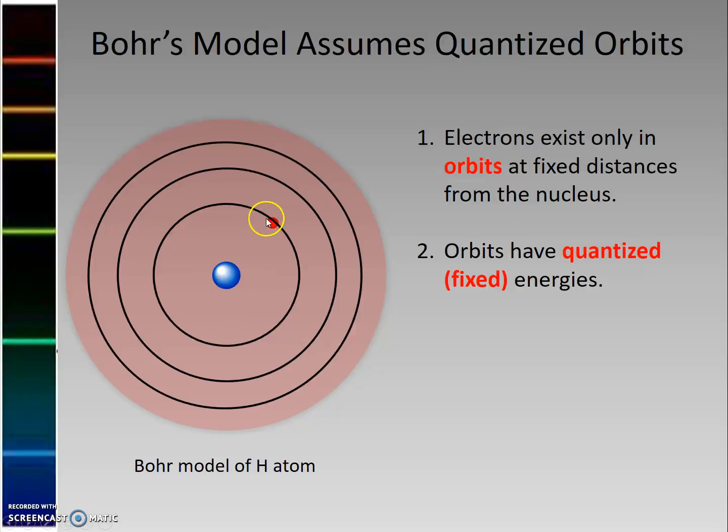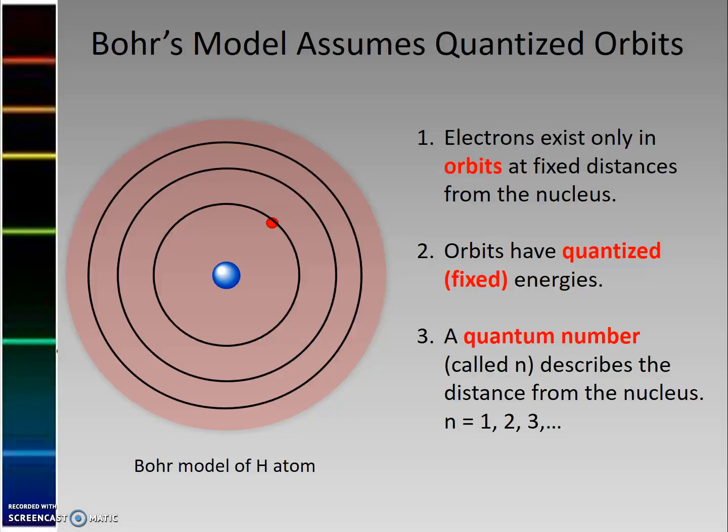If they're fixed distances, they are fixed energies. The third thing he did was give arbitrary numbers, integers 1, 2, 3, etc., to orbits. The closest orbit he called 1, and any higher number was successively farther from the nucleus. Sounds a little bit like Rydberg's equation, doesn't it? And so that's a good sign. It's starting to sound like something they already knew.